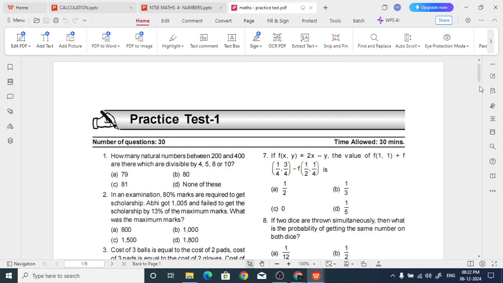Why are you getting confused? The value of f of 1 by 4 comma 3 by 4 is minus 1 by 4. You are adding that with f of 1 comma 1. Yes, sir. And the third value is 3 by 4. Because you have put minus, that will become minus 3 by 4. So 1 minus 1 by 4 minus 3 by 4, that will be equal to 0.